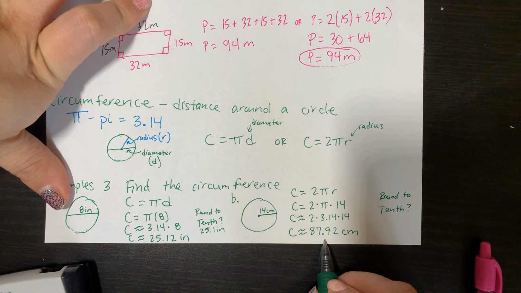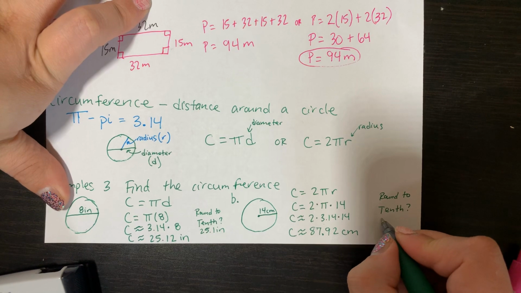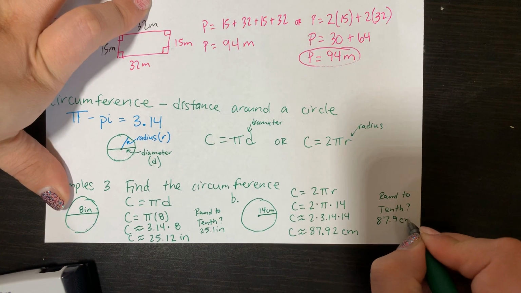Is the number next to it 5 or above? Nope, it's lower, so we would leave it as 87.9 centimeters.